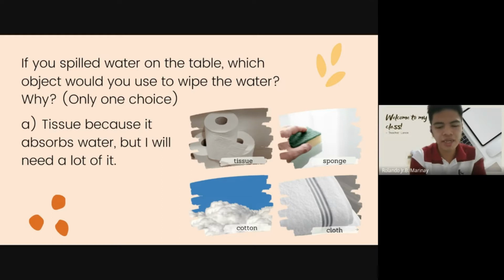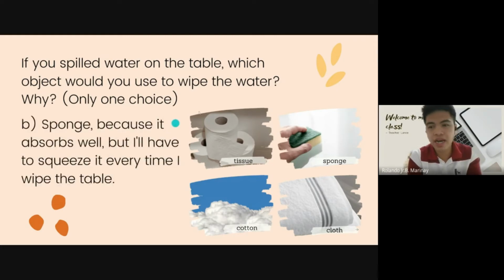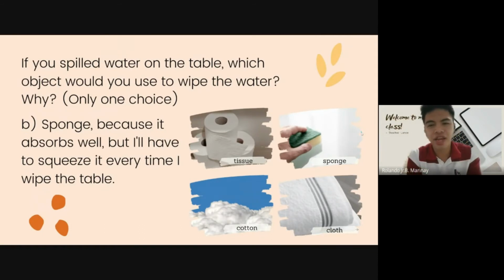If we answer tissue, what is the reason why we use tissue? Because tissue absorbs water, but if you're going to use tissue, you will need a lot of it. And if you're going to use sponge, it is also good because it absorbs well, but you will have to squeeze it after every wipe.